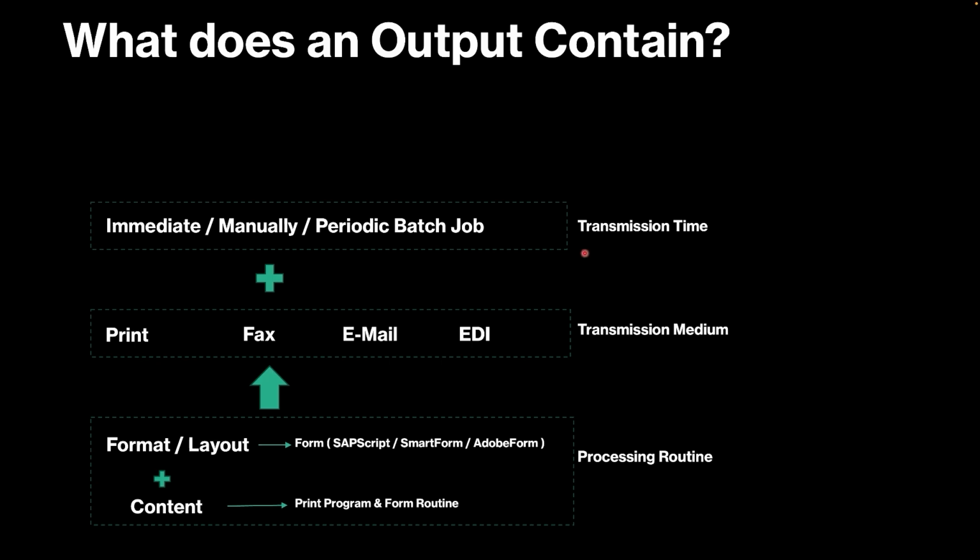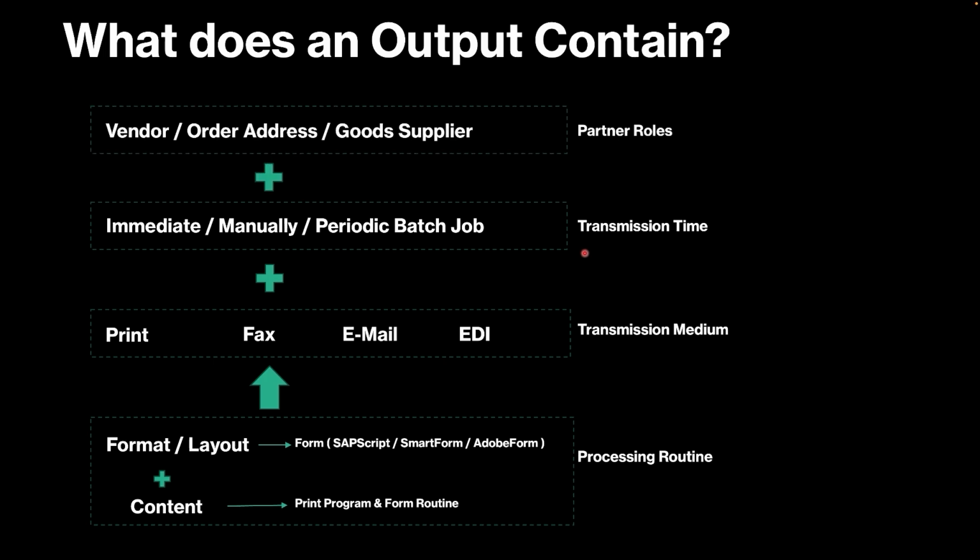Now once we have decided these things, next we need to decide where we have to send this output. That is, we need to decide the partner roles of the vendor. Let's say that you place a purchase order on a vendor with a particular vendor code, but the vendor tells you that the PO printout is to be sent at its headquarter address.